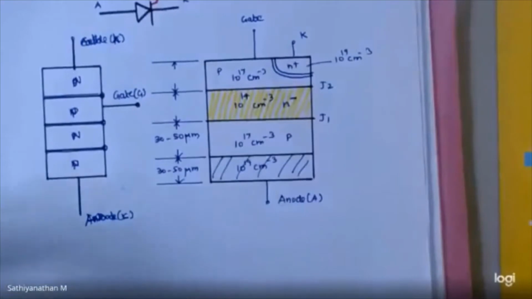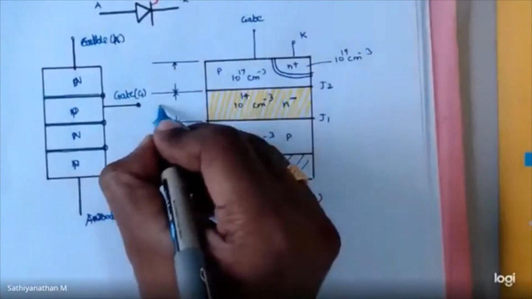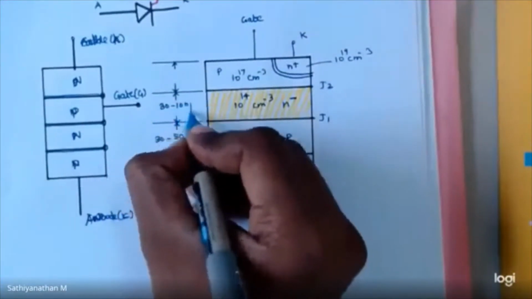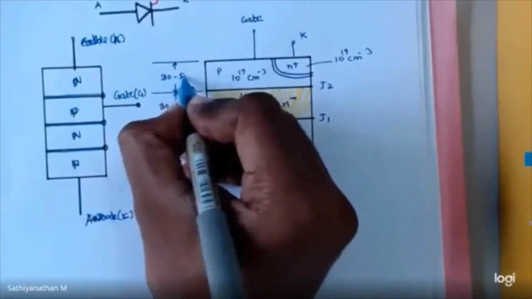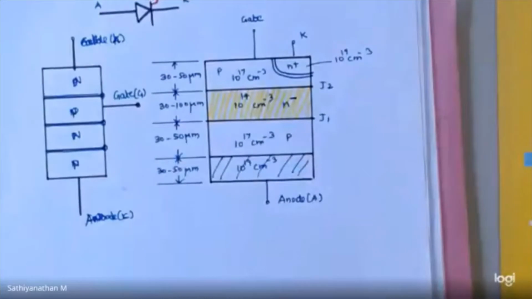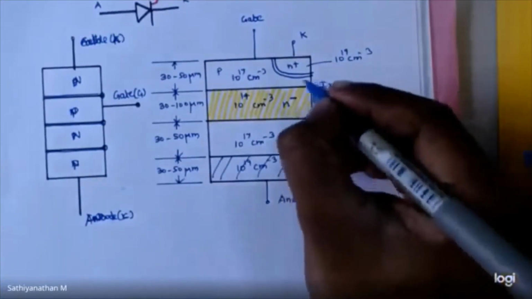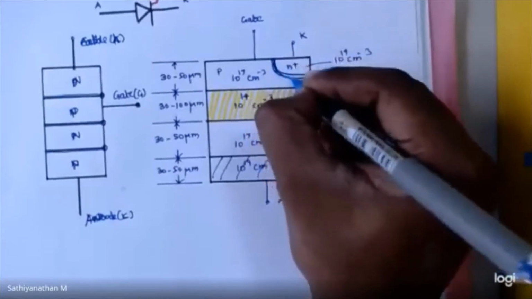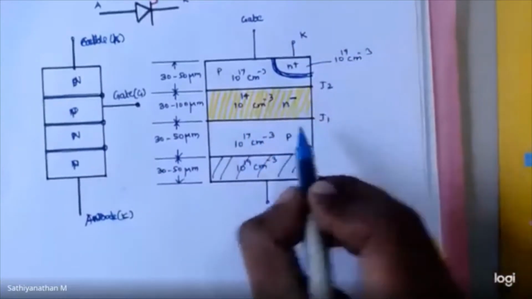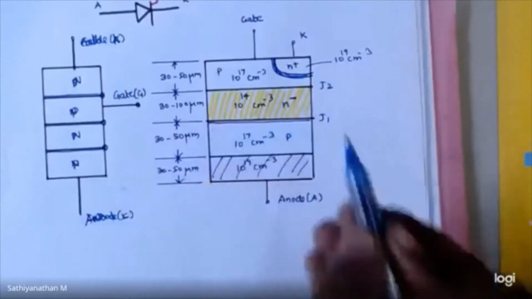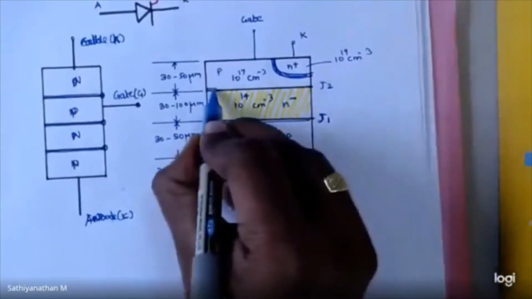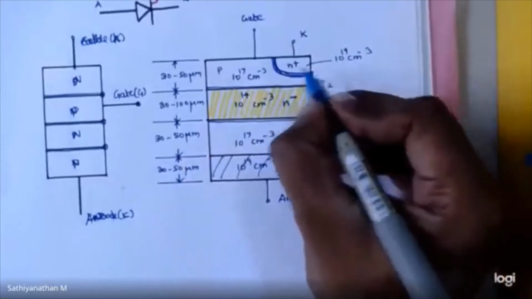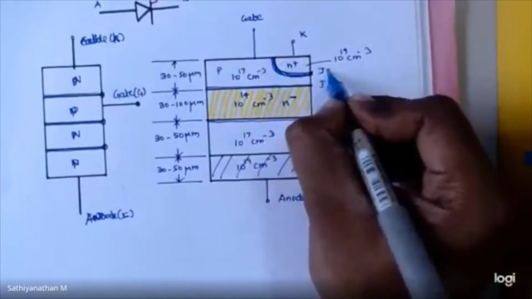Okay. So this layer has a thickness of 3200 micrometer, and again this layer has a thickness of 30 to 50 micrometer. So these layers form three junctions. The first junction is in between this and this. So it forms a junction J1, and this is the second junction J2, and again this is the third junction J3.